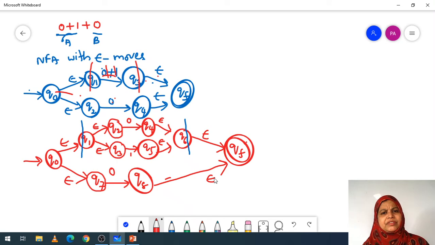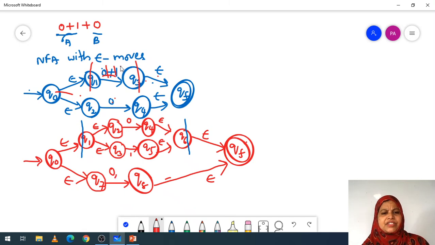Now you are going to convert this NFA with epsilon moves to an NFA without epsilon moves, right. Whenever you construct any finite automaton with or without epsilon moves, every single edge has only a single input.